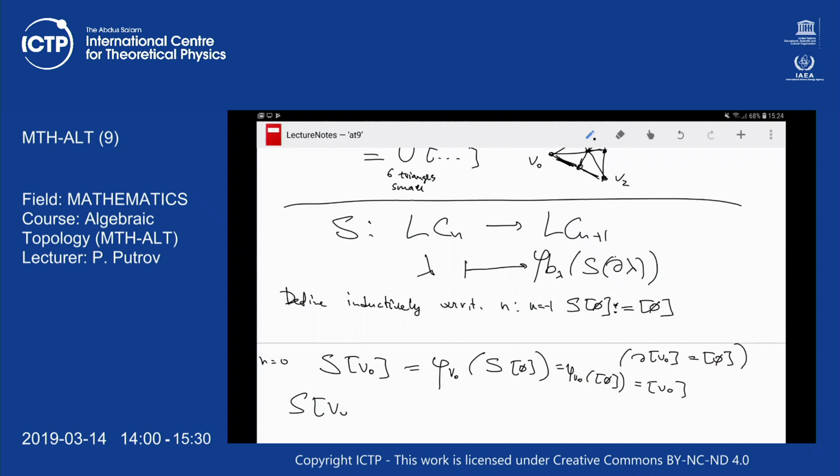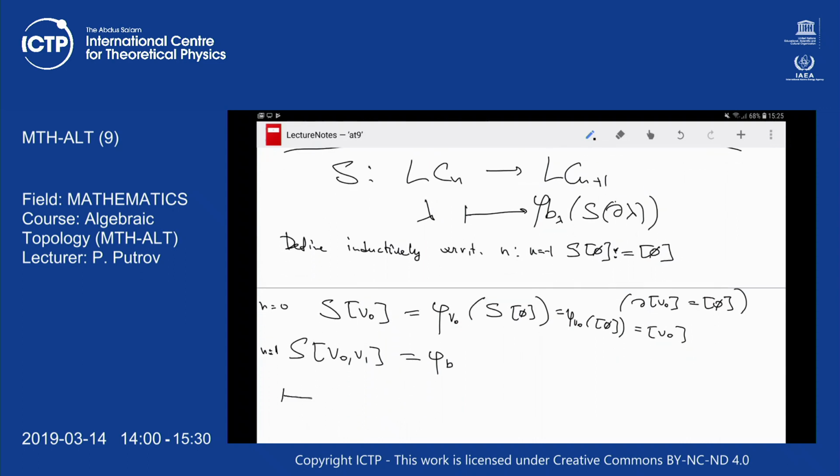Now let's consider n equals 1, for example. Let's take an arbitrary generator, some interval. If we want to use the definition, the barycenter of this will be B, a point in the middle of V0 and V1. Explicitly, you can specify it as a half sum of V0 and V1.